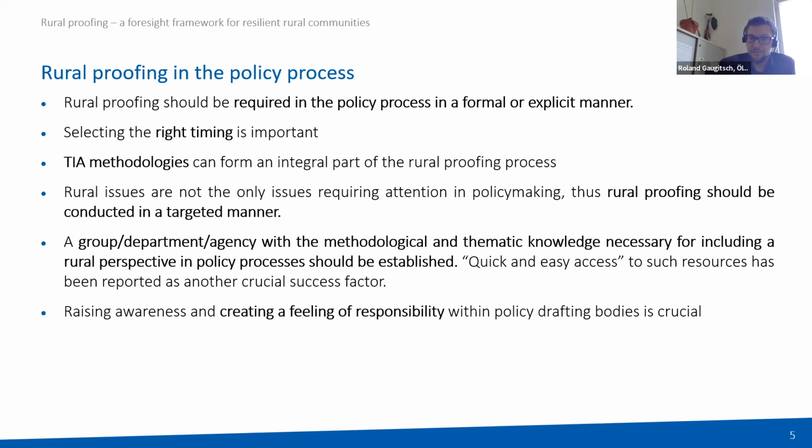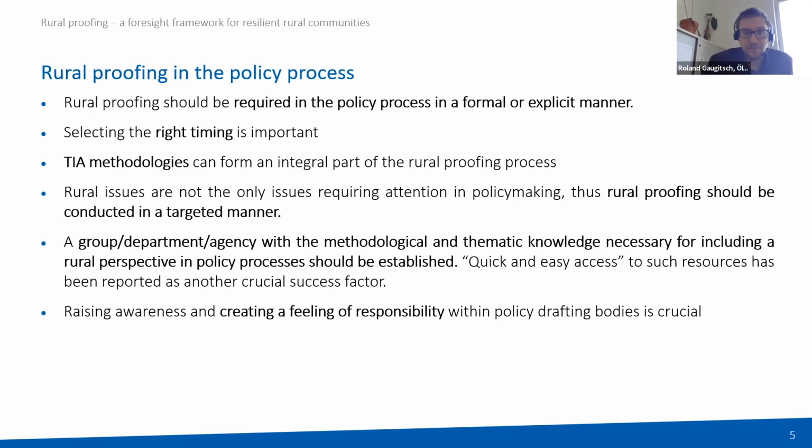So when there was a decision early on in the process if rule proofing for a specific policy is necessary or not, which was reported to greatly increase the acceptance of the whole approach. And when there was targeted and good support for the authorities responsible for implementing rule proofing in the policy process. Those are all experiences from interviews we got from the mentioned countries.